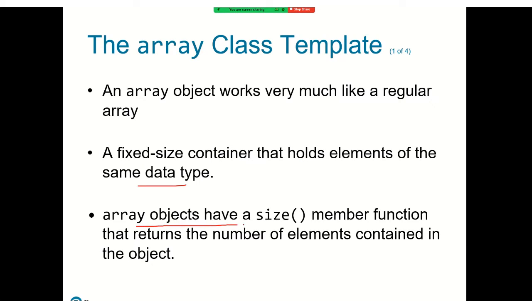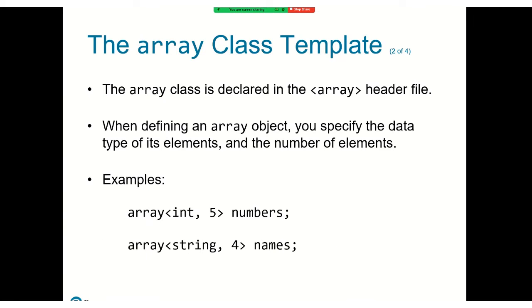The array objects have a size member function that returns the number of elements contained in the object. The array class is declared in the array header file. Now, when defining an array object, you specify the data type of its elements and the number of elements.